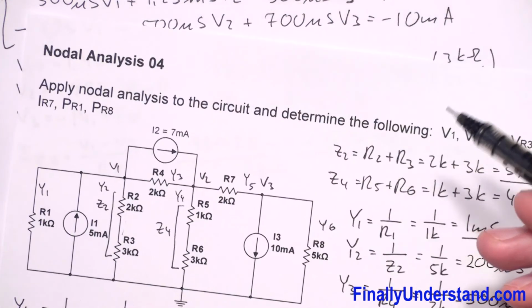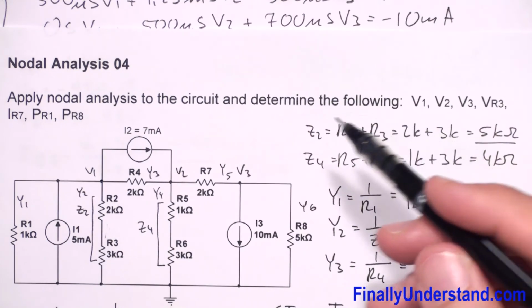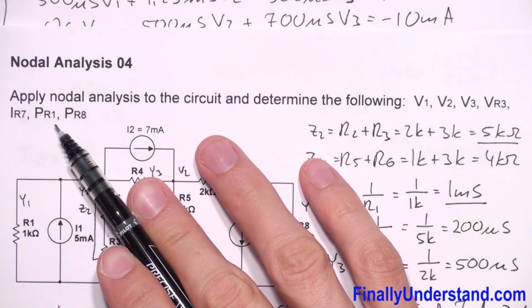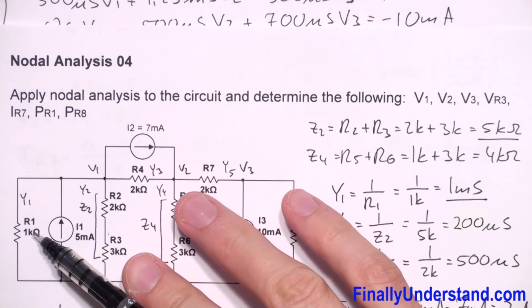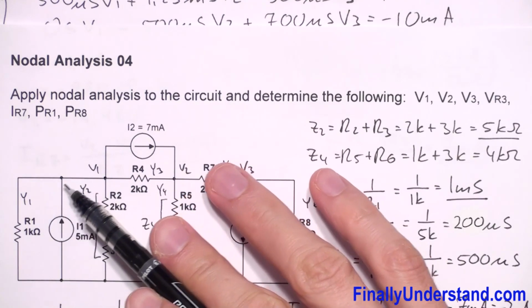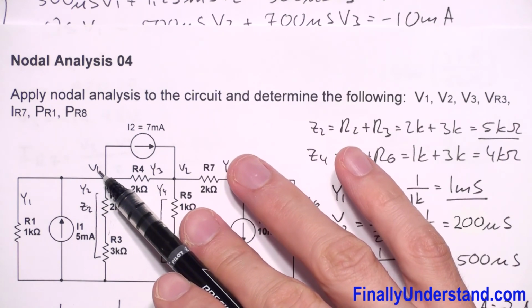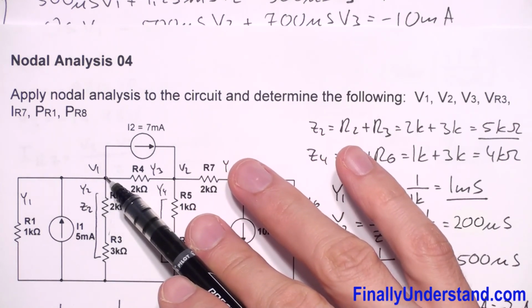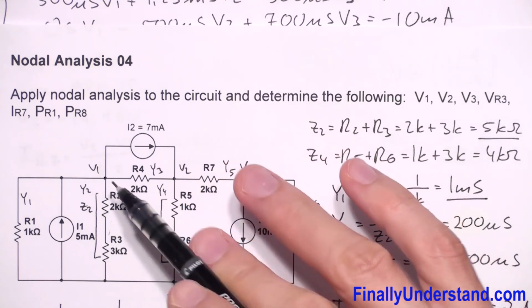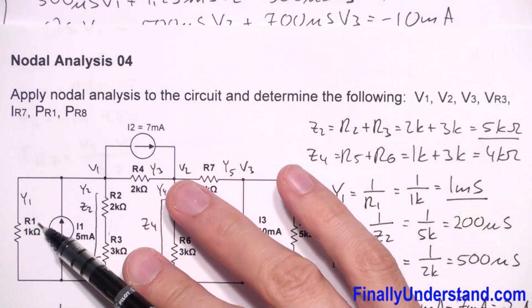Okay. Next, we're supposed to find the power at resistor R1. The voltage across resistor R1 is equal to V1, because V1 is the voltage between this node and ground, so this is also the voltage across resistor R1.